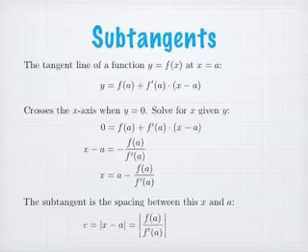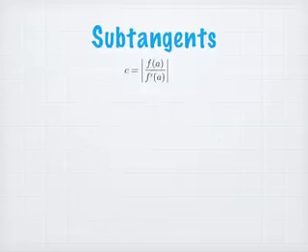The subtangent corresponds to the distance between that x value and the original point, which is represented by the absolute value of the value of the function divided by the slope of the function. So given this formula for the subtangent, I can go back and try to use some formulas.